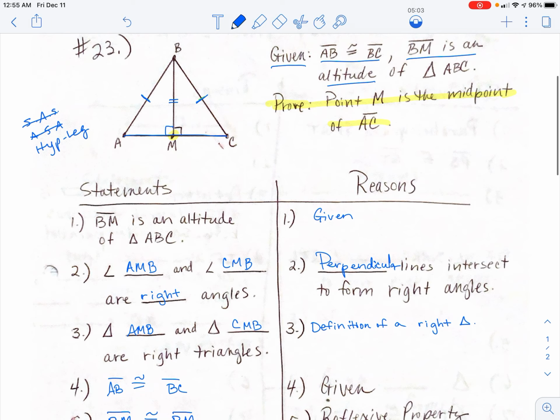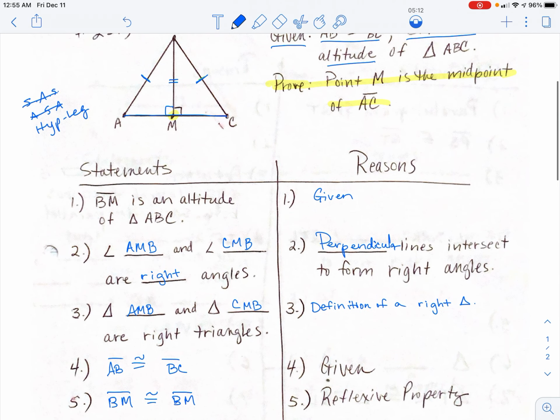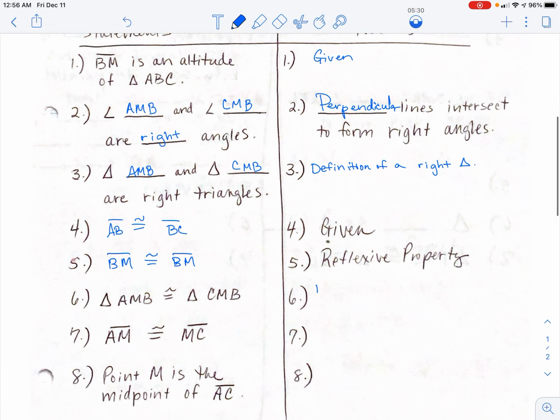When you have two right triangles that are congruent, the reason is the hypotenuse leg. If you'll notice, we have a leg and the hypotenuse. This is the hypotenuse over here on this side, and it's over here as well. And then we also have this leg right here where we have the reflexive property. BM is considered the leg. So those triangles are congruent because of the hypotenuse leg.